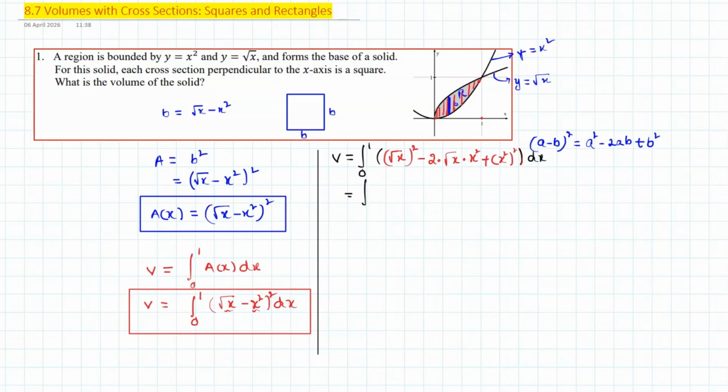Simplify this, integral from 0 to 1. Square root of x whole squared is x, and this one is 2 times, so we can rewrite the radical as a rational exponent, 2 times x to the power 1/2 times x squared, plus x squared whole squared is x to the power 4, dx. This can be written as the integral from 0 to 1 of x minus 2 times x to the power 1/2 plus 2, since with the same base the exponents are added.